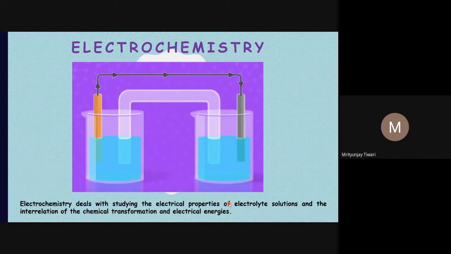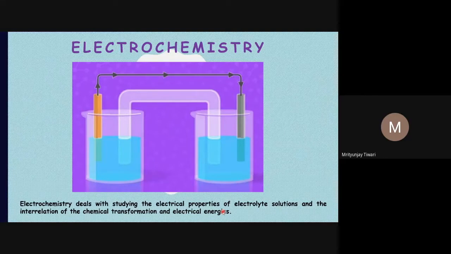During this redox process, which is a spontaneous process, electrons are allowed to travel through a definite circuit, and so we can produce electricity. This is what we call the interrelation of chemical transformation and electrical energy. We use chemical transformation to produce electricity, and this chemical transformation that produces energy is a spontaneous redox reaction.